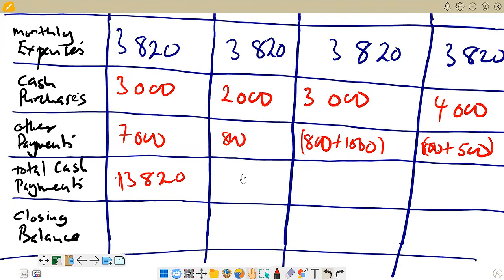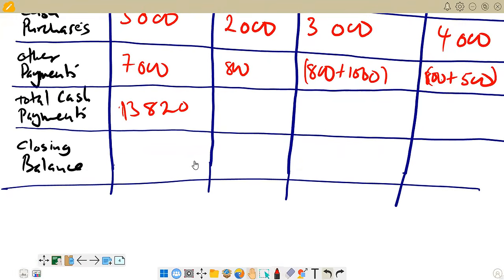To get the closing balance, we are saying we have total cash available, then we subtract the total cash payments.